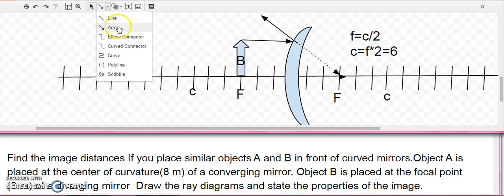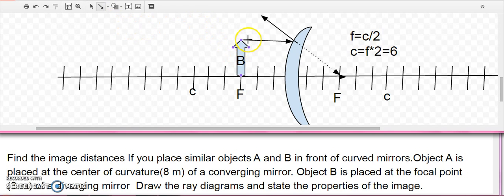Time for ray 2. Ray 2 starts off heading straight toward the focal point. If it's easier to draw it straight through to the focal point first, that way you know you have your angle right. If that's easier, do it. But it starts off going straight towards the focal point.